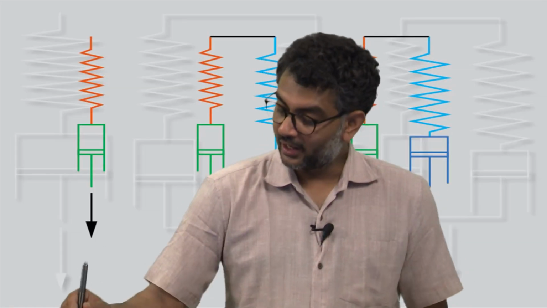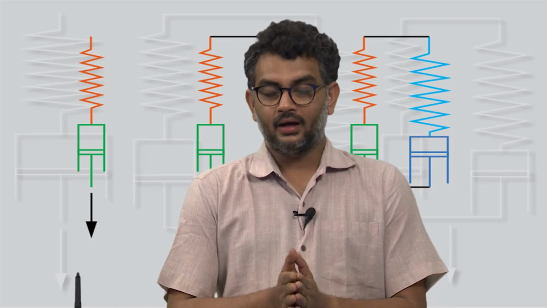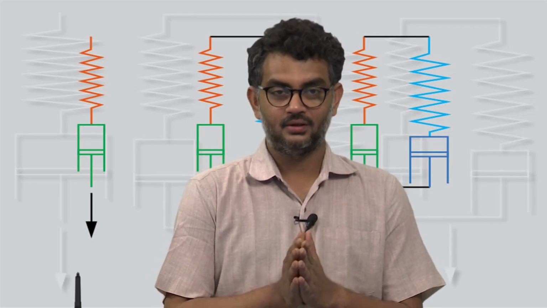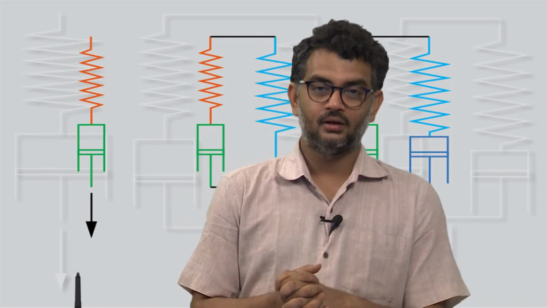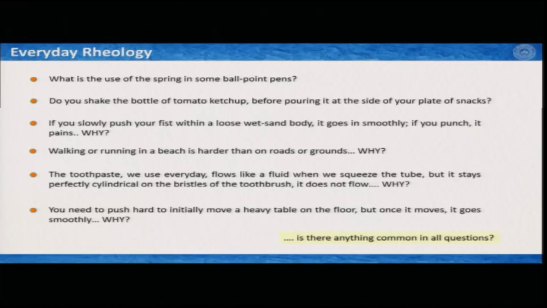We are almost at the end of this lecture on rheology, and I would like to show you one of the first slides where we cited some everyday examples of rheology, like ballpoint pens, why you have to shake bottles of tomato ketchup, or why running on a beach is harder than running on roads, and so on.